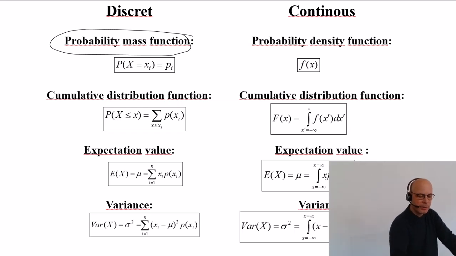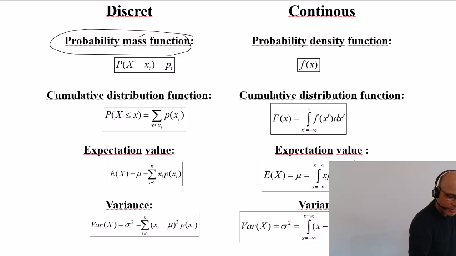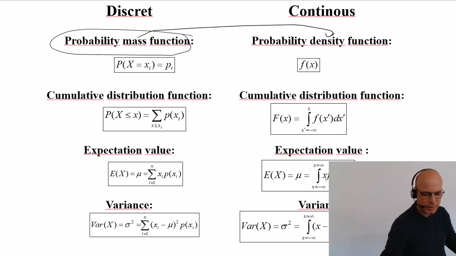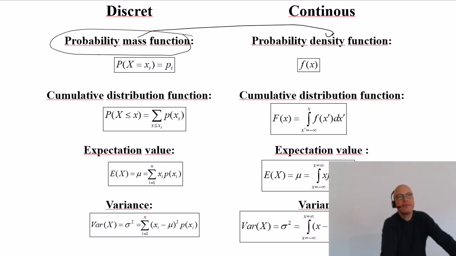And therefore, we go from the probability mass function to the so-called density function. And this is mostly represented as small letter f of x.